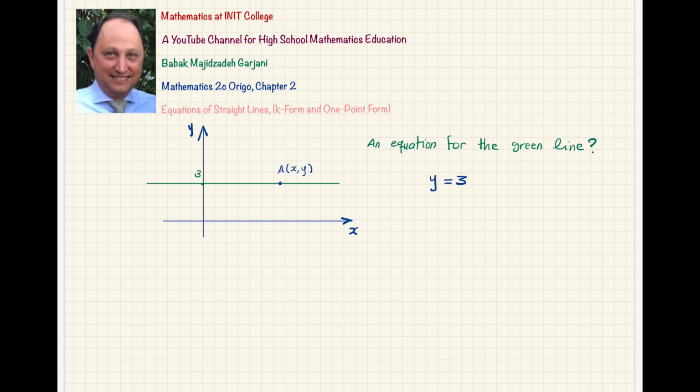But why? You see, I am using this article "an" and not "the". The reason is that if I write another equation for you, 2y equals 6, and I ask you, are these two equations identical?